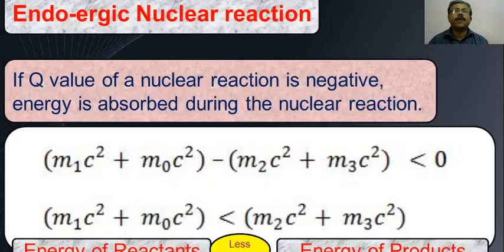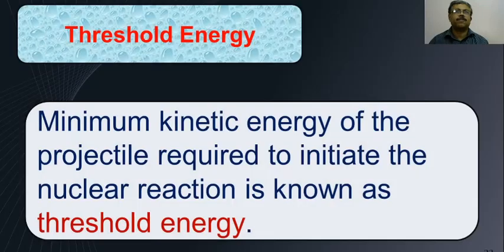In the same way, supposing Q is negative, then the energy is absorbed during the nuclear reaction, which we call an endoergic nuclear reaction, where the energy of the reactants is less than that of the products. So depending upon whether Q is positive or negative, we have exoergic as well as endoergic nuclear reactions.